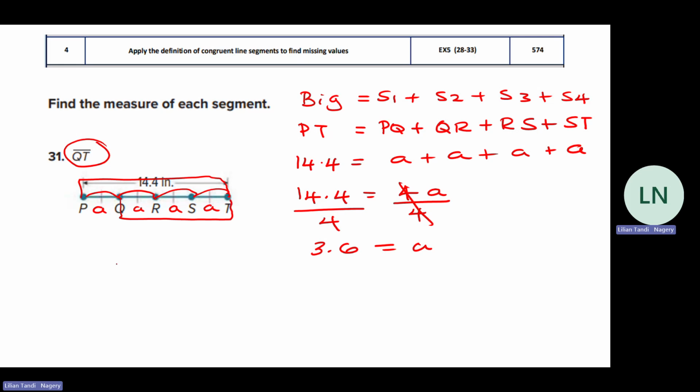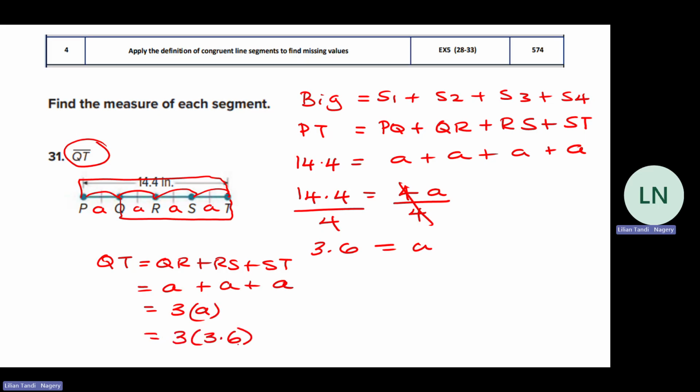So according to my picture, QT equals QR plus RS plus ST. QR is A, RS is A, ST is A. This gives me 3A. I know my A, so it will be 3 times 3 and 6/10, which is equal to what?